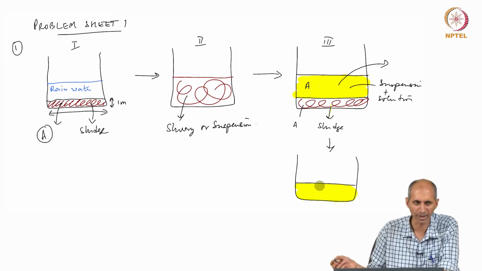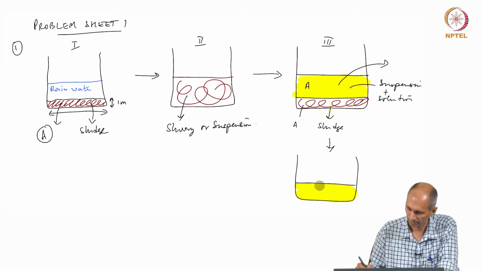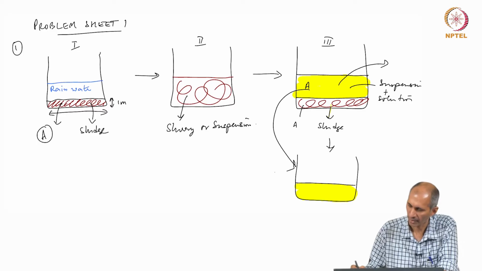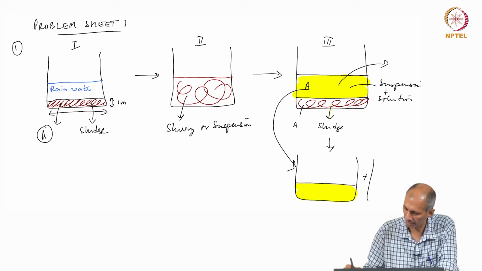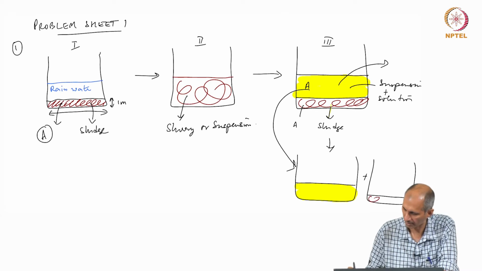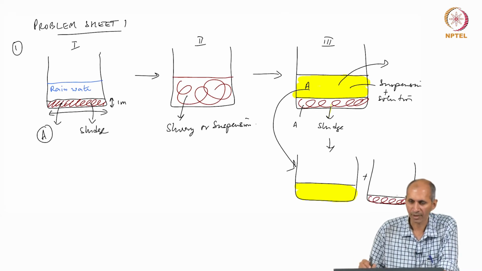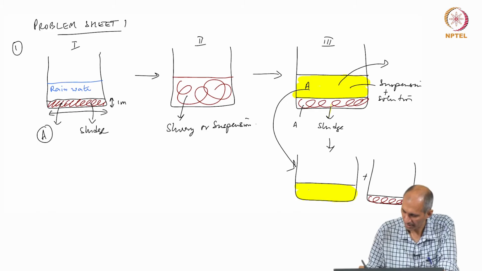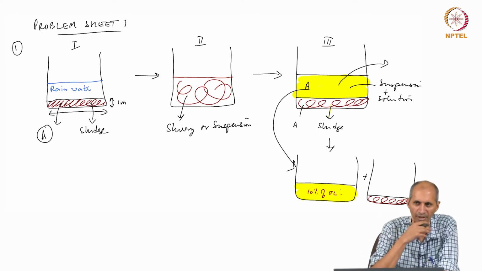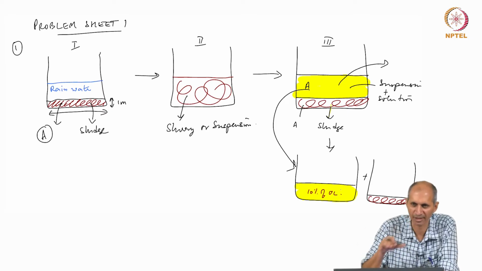So, this water is now taken out, and the sludge remains as it is. What I have also given in the problem is that this water contains 10% of the organic carbon which was originally there in the sludge. It has removed 10% of that organic carbon. So, this is the setup of the problem.